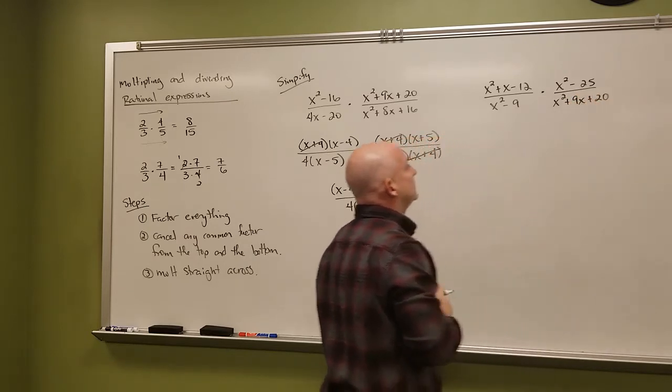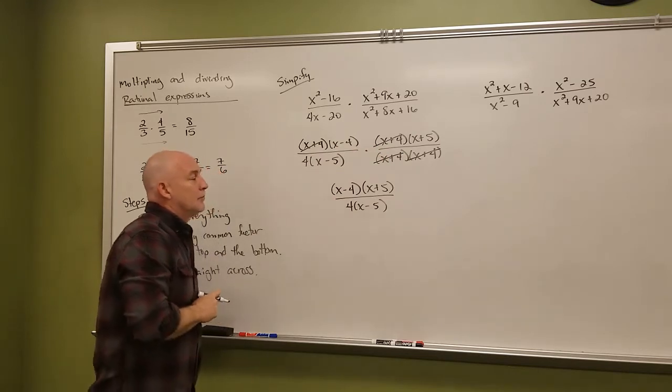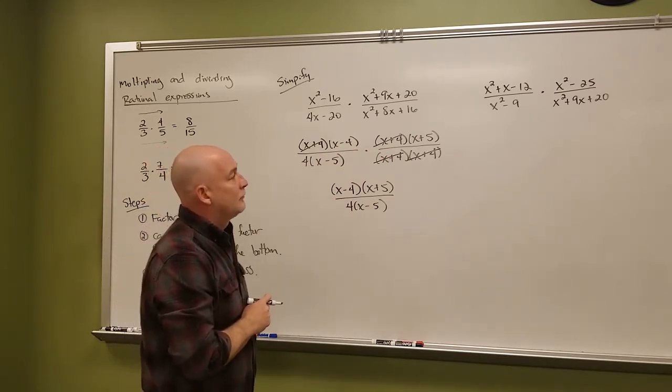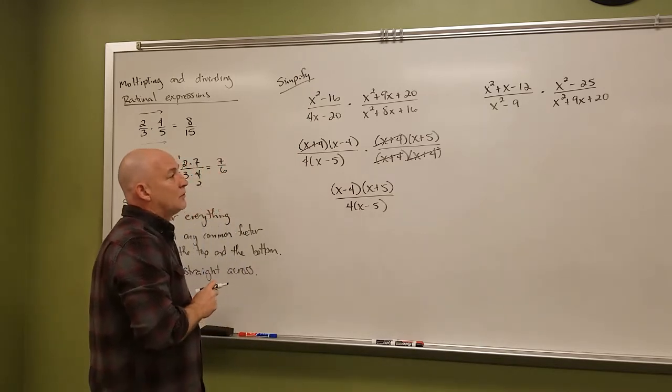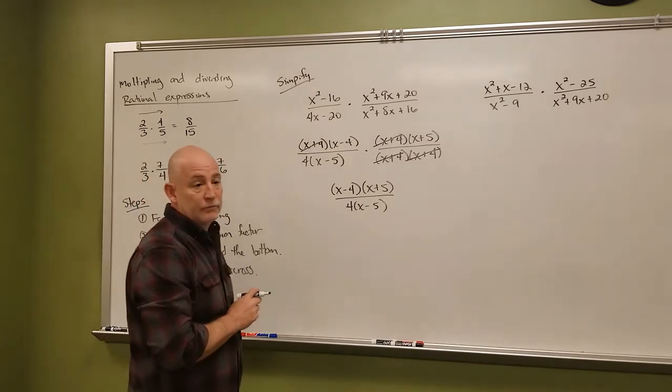All right, so do me a favor. Here we're multiplying fractions, so we want to reduce everything first. So take a second, see if you can factor all 4 pieces and see if you can reduce. Hit pause and go.